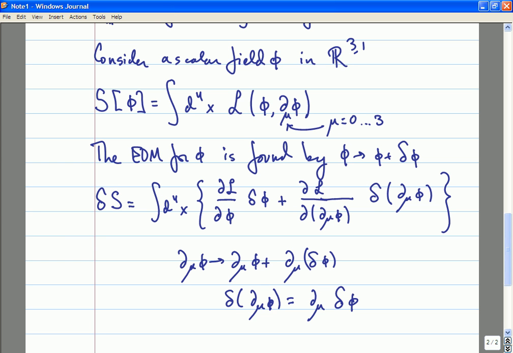That's an almost tautological statement, but it can be a little confusing sometimes. So this term on the right-hand side of this equation can be written as the derivative of delta phi. Okay. Is everything that I have done here clear so far?